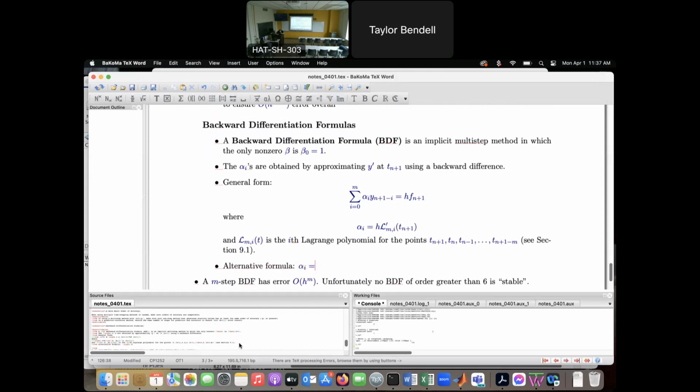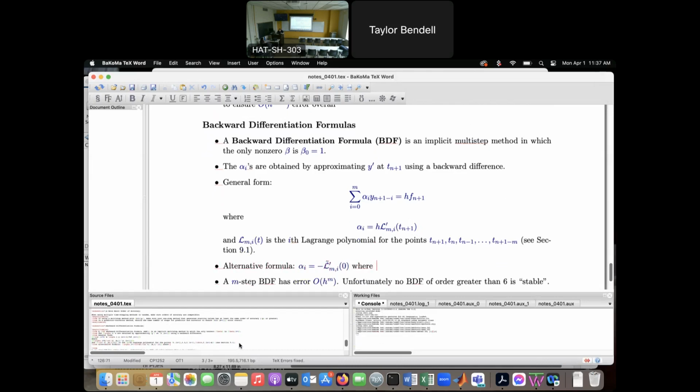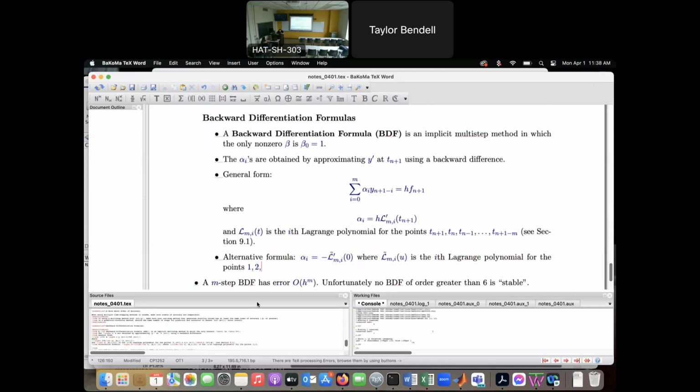Alpha i equals minus the derivative of the Lagrange polynomial at 0, where these are Lagrange polynomials in u, the same change of variable as in the Adams case, for points 1, 2, up to m plus 1.